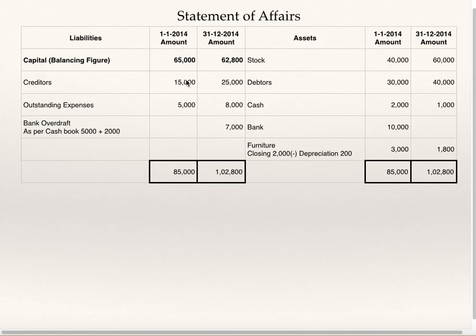Write it below liabilities. Creditors opening and closing are given. Outstanding expenses opening and closing. Bank overdraft as per cash book 5000 plus 2000 which is equal to 7000. So 62,800 and 65,000 are balancing figures, closing capital and opening capital.